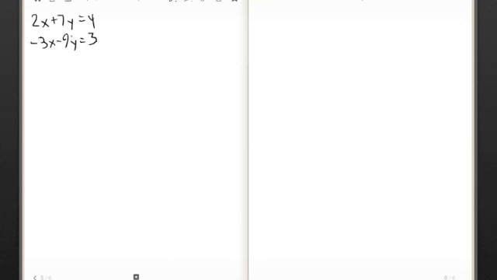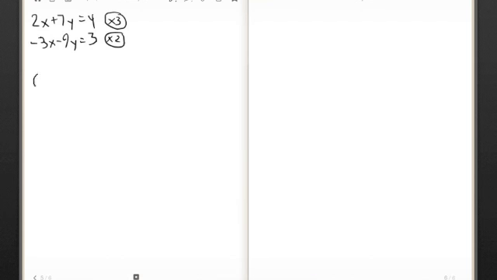Actually, if you look at the y's here, we're going to be doing a lot of multiplying because the LCM of 7 and 9 is 63. So let's use the x's again, then this isn't too hard. We have 2 and 3. Don't be thrown off by the negative sign. That's okay. We can just multiply by positive numbers. We want to have 6x in front of both equations. So let's multiply the first one by 3 and the second one by 2.